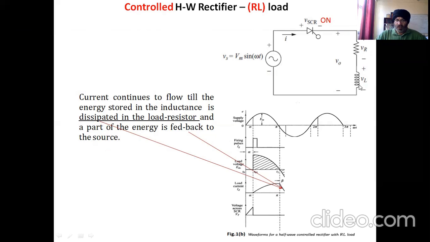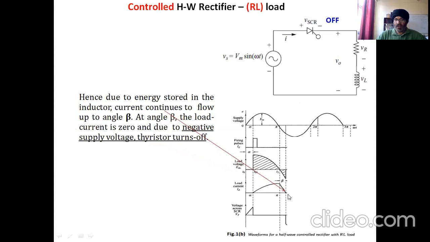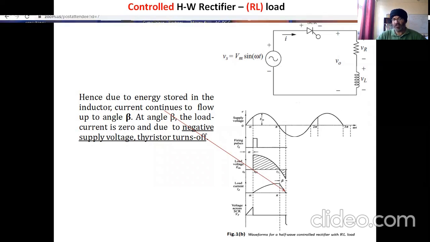So the inductor starts to get de-energized and the inductor current becomes zero. Where the inductor current becomes zero means the inductor is fully de-energized. Whatever charge was stored in the inductor during the positive half cycle is now fully emptied, fully released.